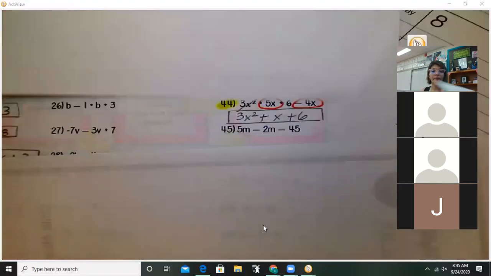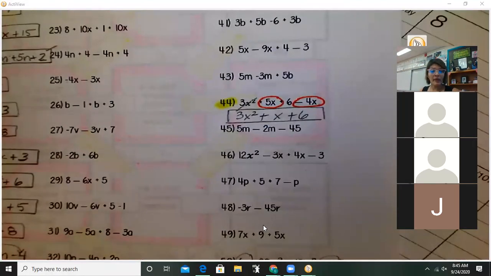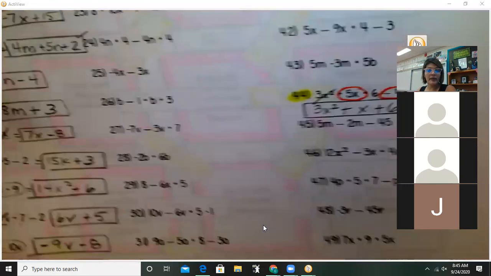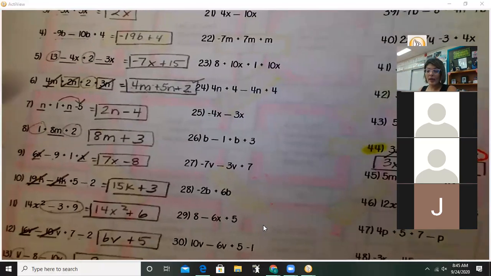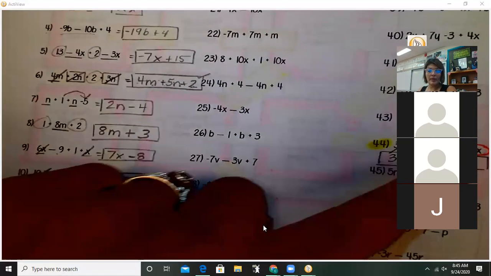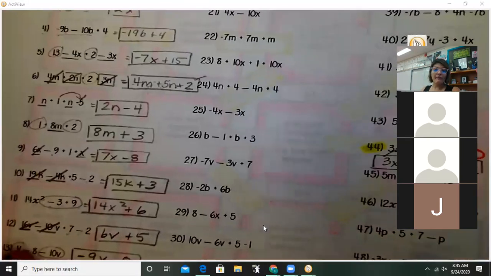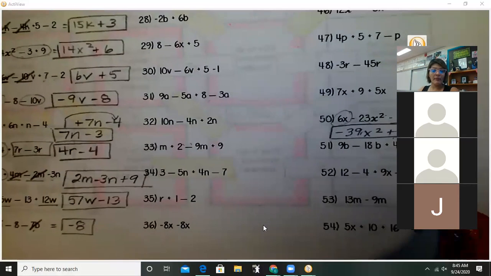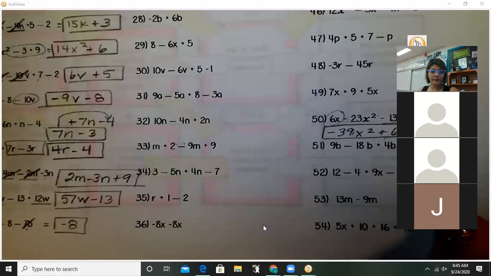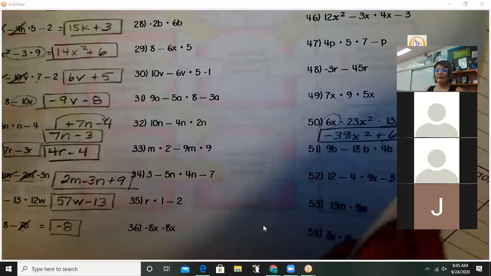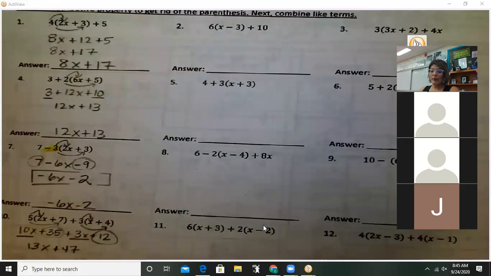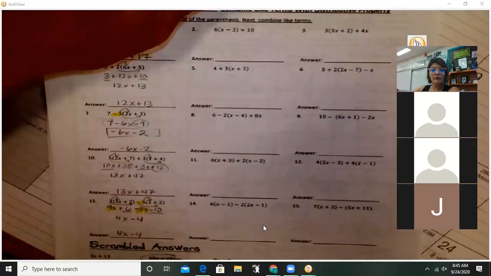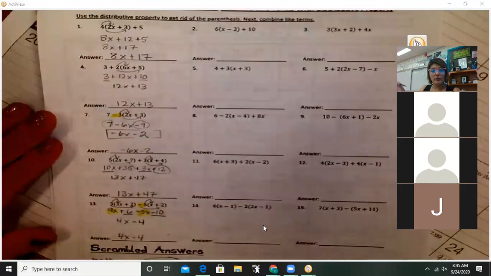Sorry. So yesterday we worked on a couple columns right here. So you guys were supposed to do the middle column and the last column. So if we don't have any questions on this homework, I'm gonna move on to the next one. So I'm gonna flip it over. We worked on combined like terms of distributive property yesterday also.